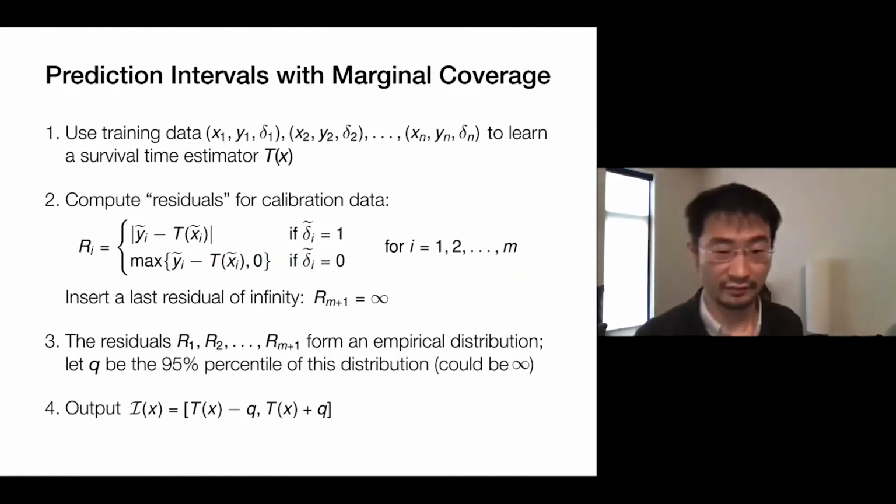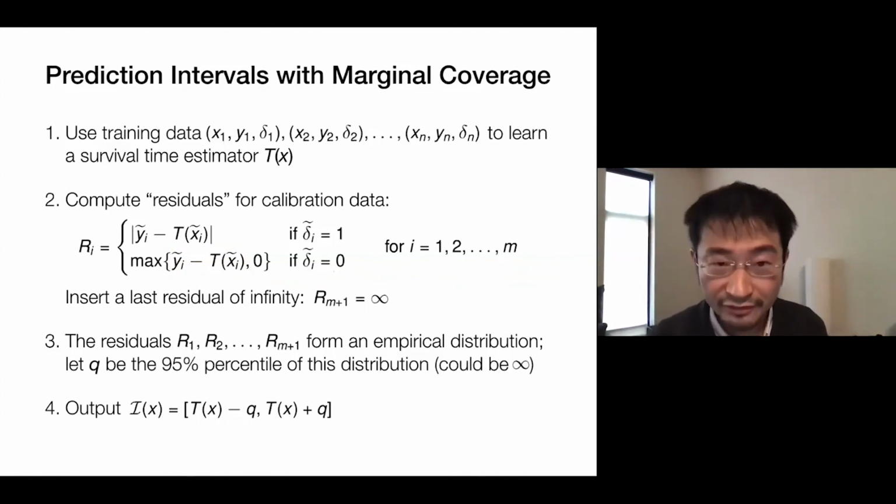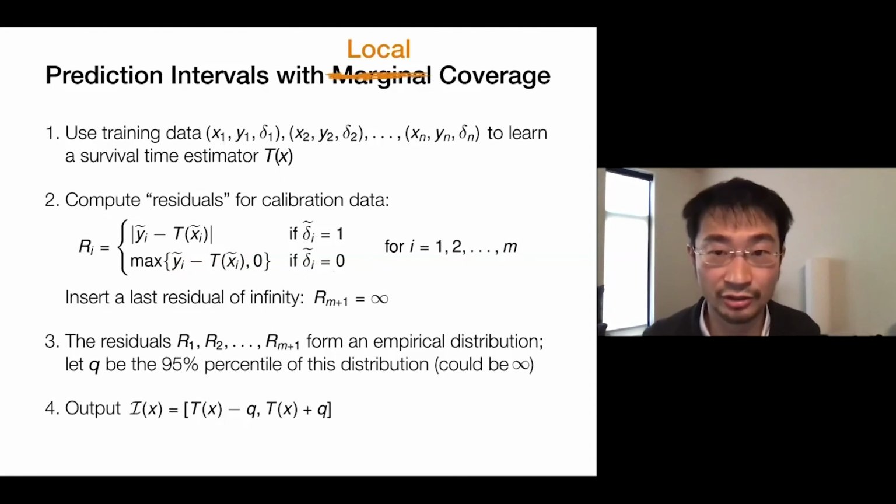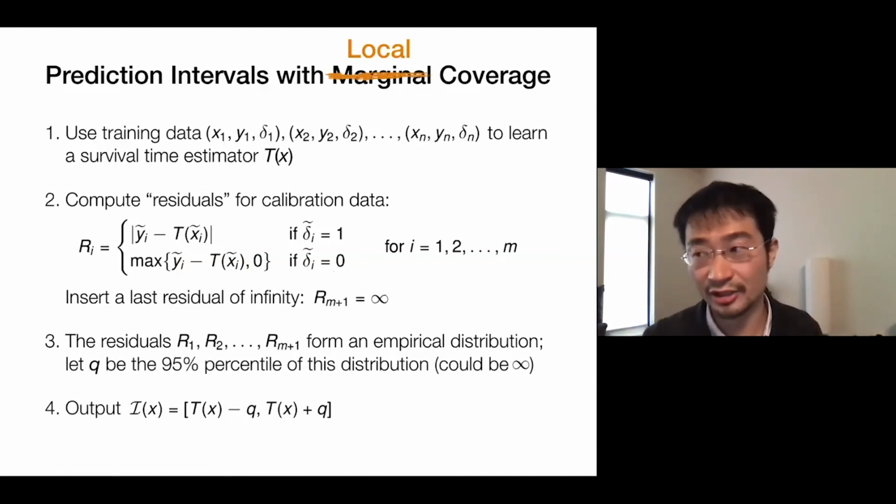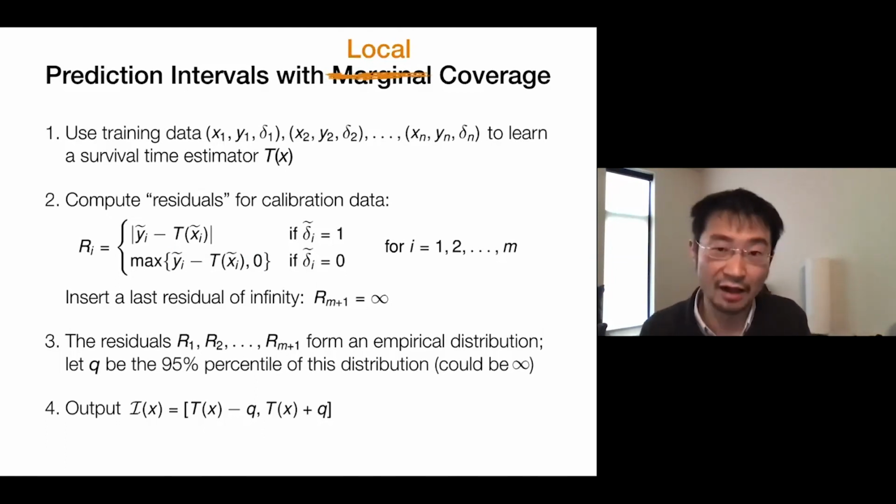Now I'll briefly explain how you get local coverage and not just marginal coverage. Going back to the beginning of the talk, when I said local, I said you want to have a prediction interval for subjects or patients who are similar to Alice.